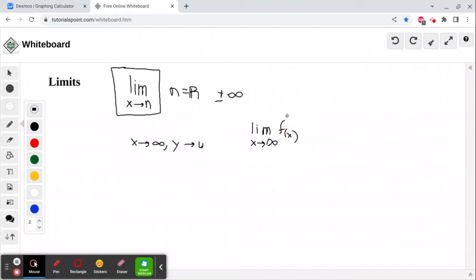And it's the exact same notation. Similarly, if you want to find the limit as x goes to negative infinity, you just add a negative sign, but you do want to do it in front of the infinity symbol instead of behind it, so that it cannot be confused for a left-handed limit or a right-handed limit.